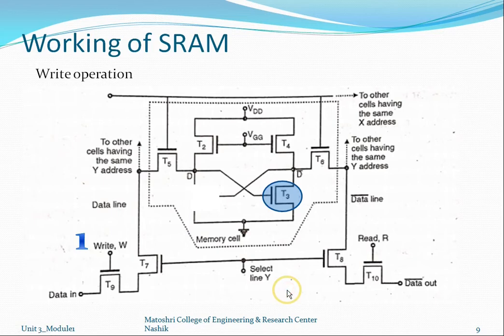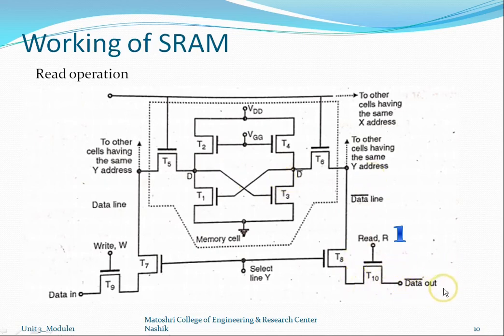Now if you want to read the stored data in this memory cell, then we apply a high input signal on this read pin, and this will activate the T10 MOSFET, which will connect the data line complement bar to this memory cell, and thus the complement of the stored data is read by the system from this data complement out terminal.